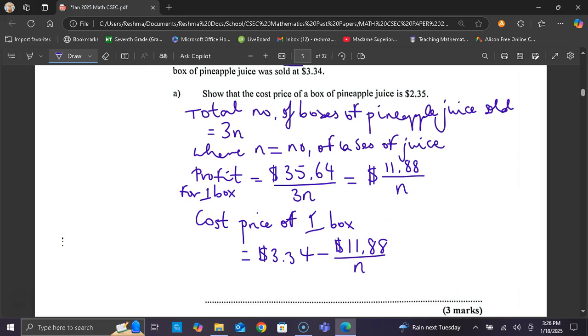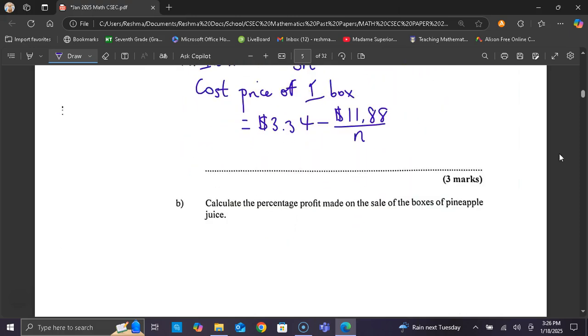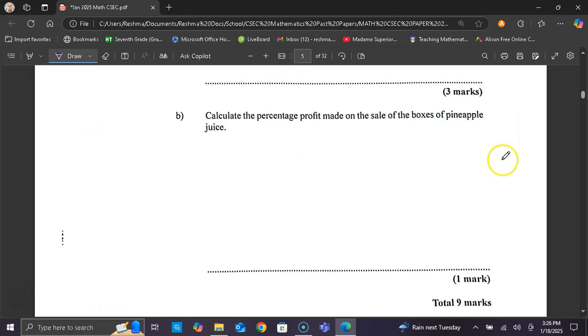So this is how I would have approached this question. Again, not all students may have done this. But the good thing is you're still able to get this 1 mark. Yes, just 1 mark for this next part, because it is possible to find a percentage profit made on the sale of boxes of pineapple juice, because you can actually work out the profit.